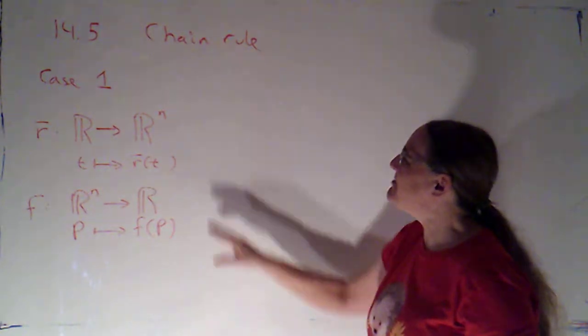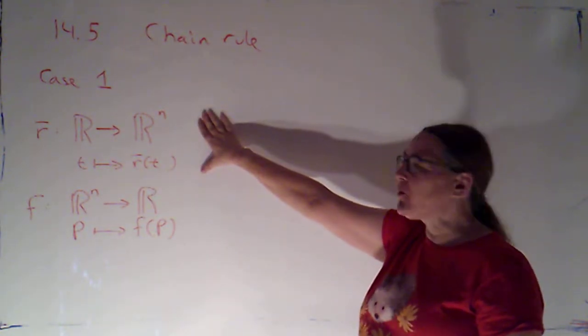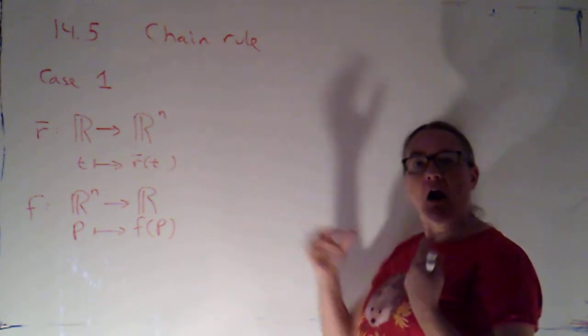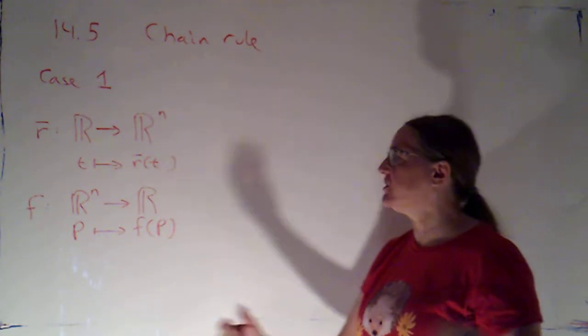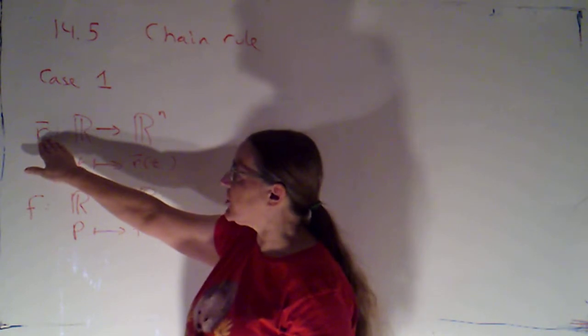Okay. So in chapter 13, we worked with functions like this, where our input was one-dimensional, but our output was multidimensional. So we'd have a vector function.